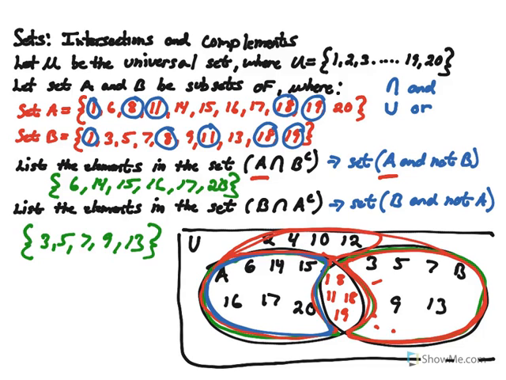But when you do the intersection, it's basically going to be all of these elements right here, and we listed them already: 3, 5, 7, 9, and 13. That's the intersection.